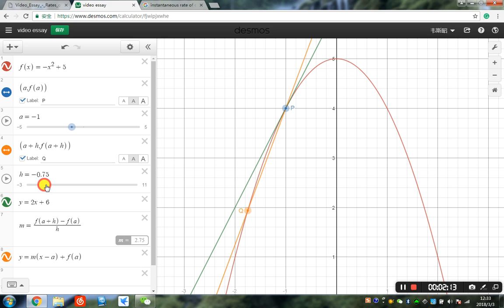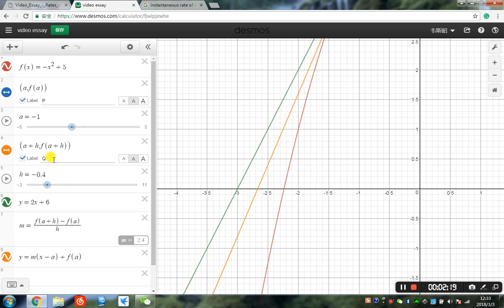Actually, point Q is moving to point P. And if we look at the secant line and the tangent line, as h approaches 0, we can see the secant and the tangent are getting closer.